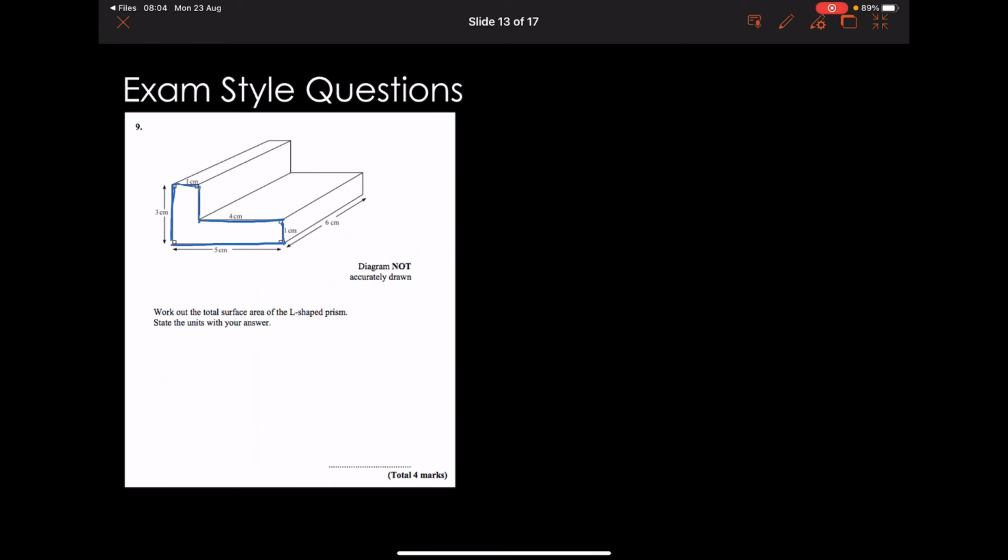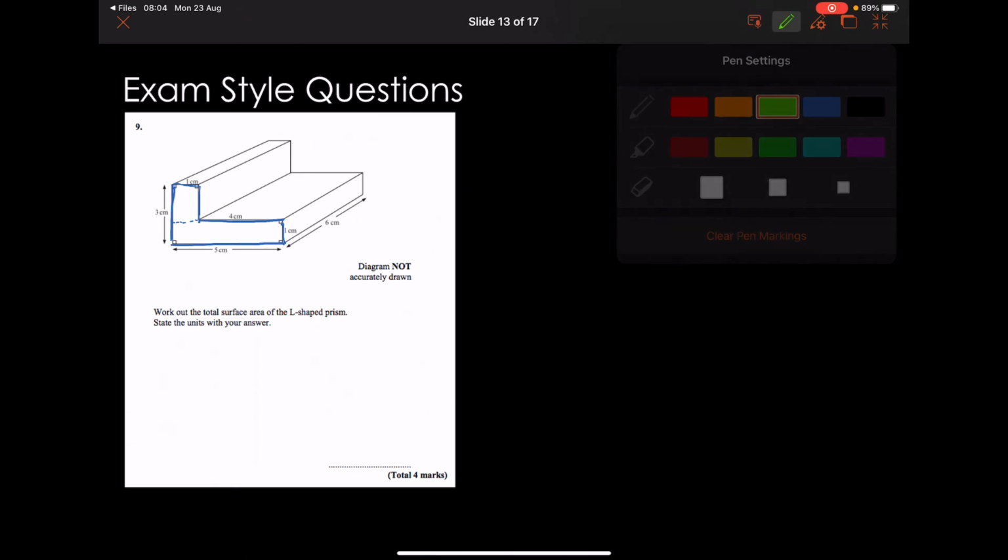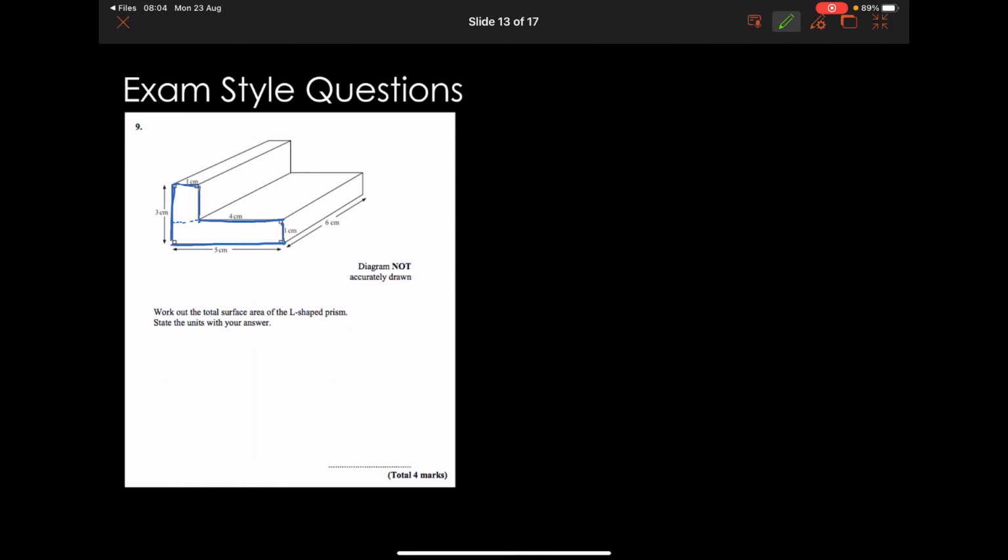To work out the area of this L shape, what I could do is go across like this. I know that this is going to be 1 centimetre long because it tells me at the top. But I also know it's going to be 2 centimetres down there, because it's 3 centimetres in total and that's 1 centimetre.